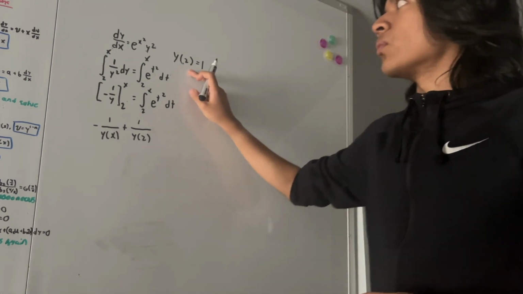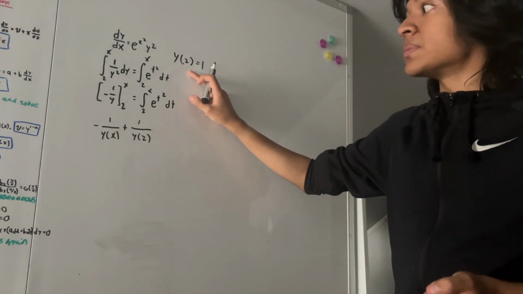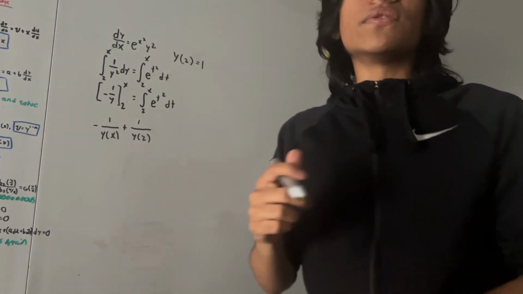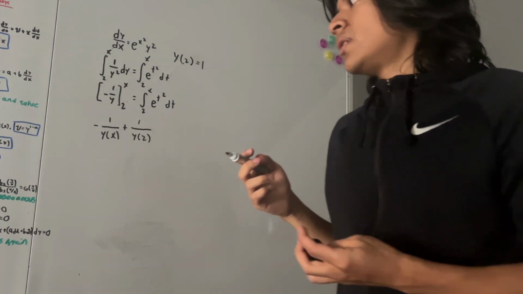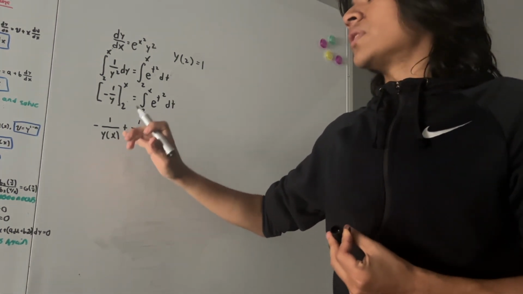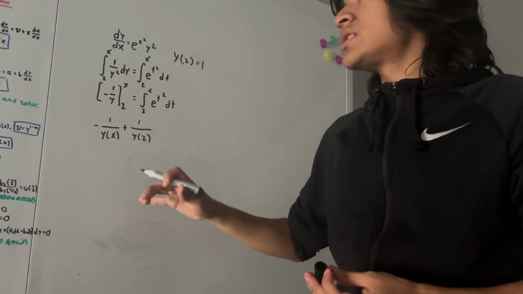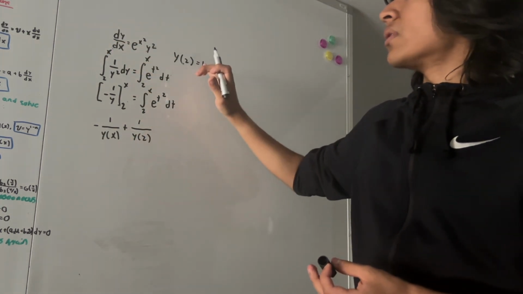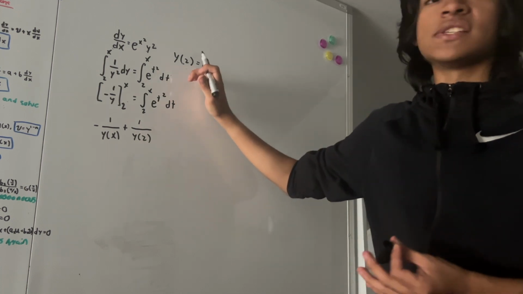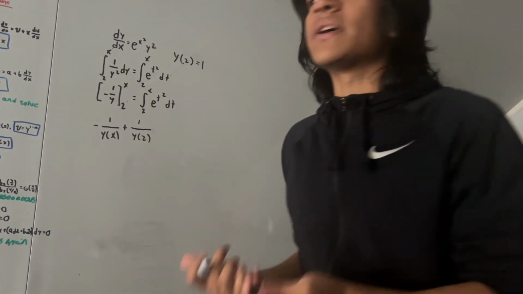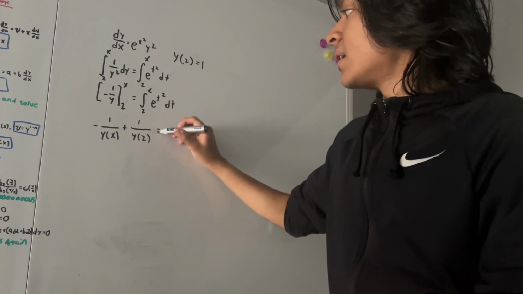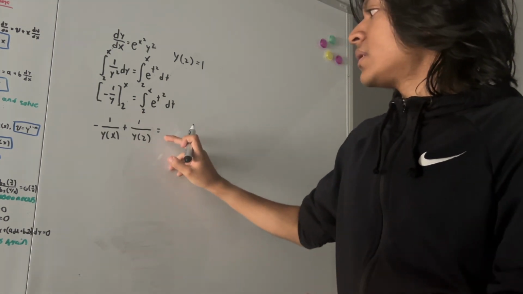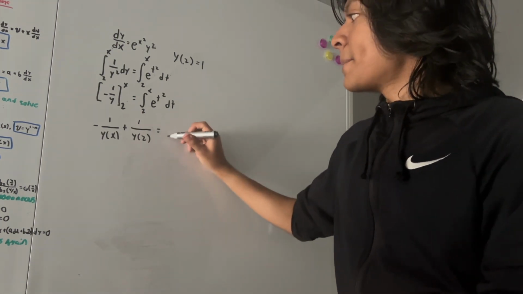This is where our initial value condition comes into play. Not only are we solving for y as a function of x to get a solution for this differential equation, but we're also satisfying this initial condition at the same time. And the right side just stays the same.